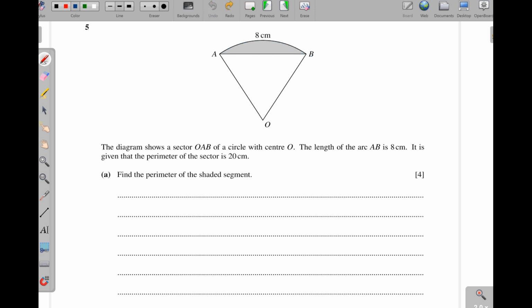So if they are saying that the perimeter of the sector is 20, we begin from there, or I can start from this one here. The length of the arc is this. You know that arc length is equal to theta. If it is in degrees, then it has to be out of 360 degrees because angles at a point add up to 360 degrees.